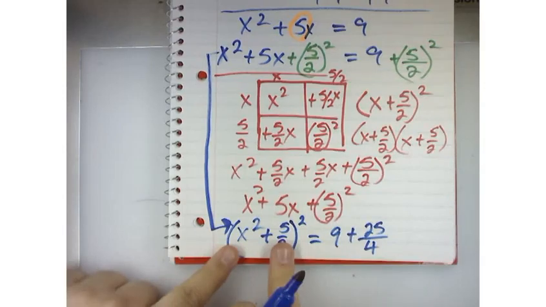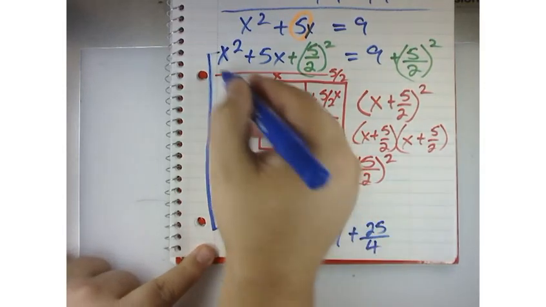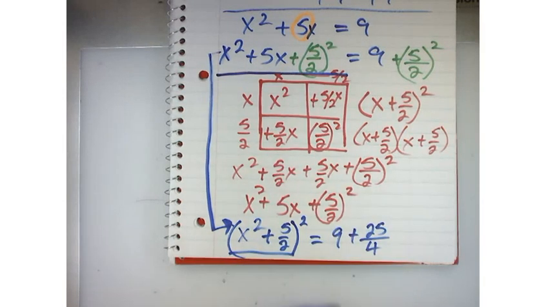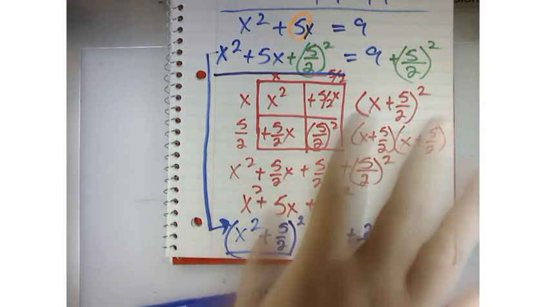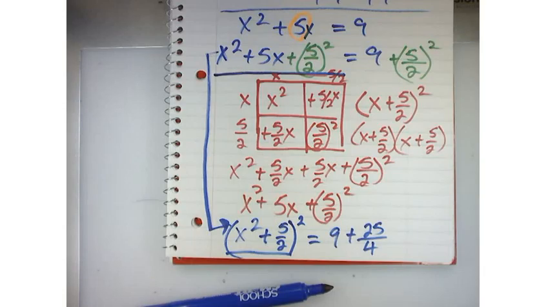Because this line right here is the same as all this stuff here. So every time we're going to take that middle number, divide it by 2 and square it. And what that does is it rigs it up so we can take a perfect square.